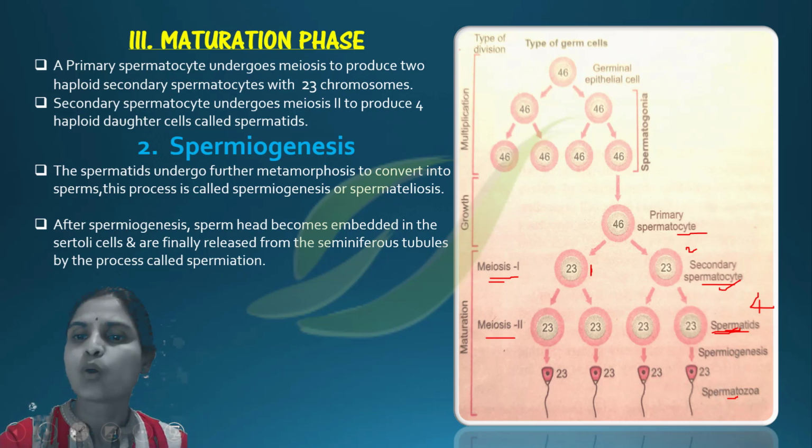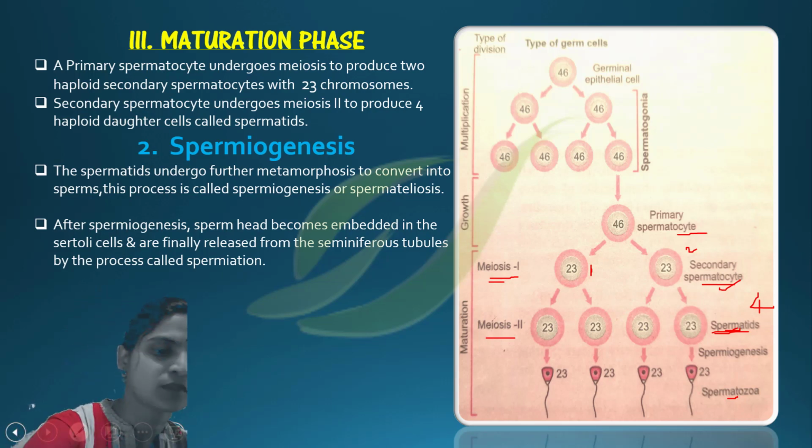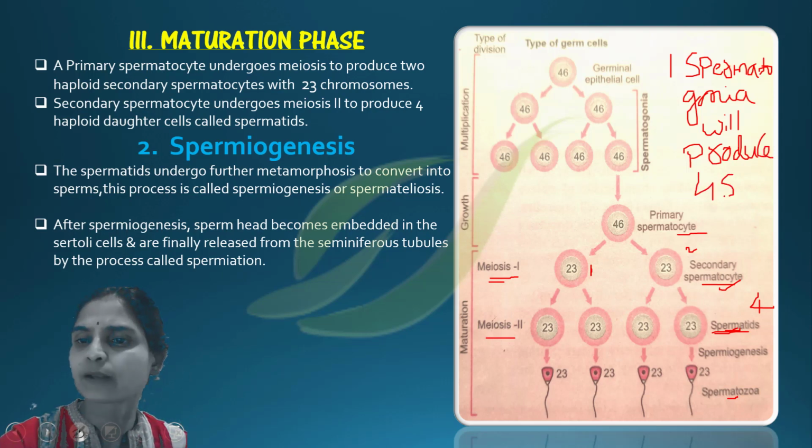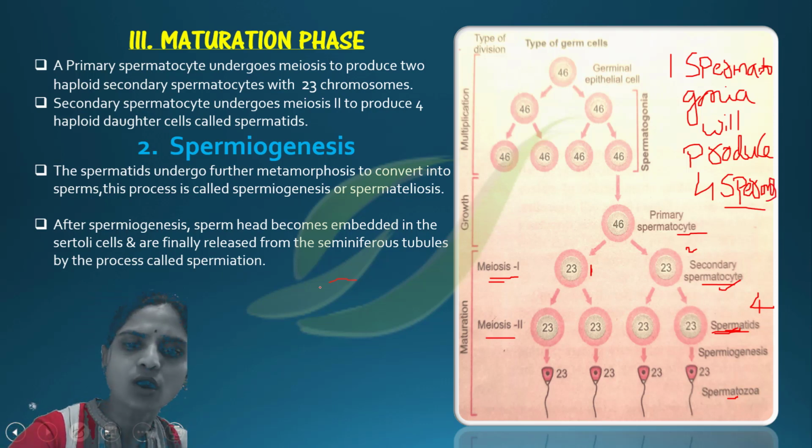Please remember that one spermatogonium will produce 4 sperms. All these events are taking place inside the seminiferous tubule. So these were the germinal epithelium cells.